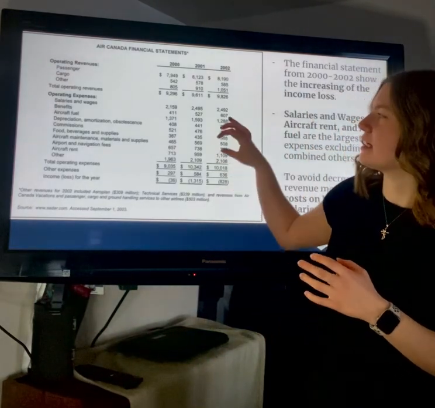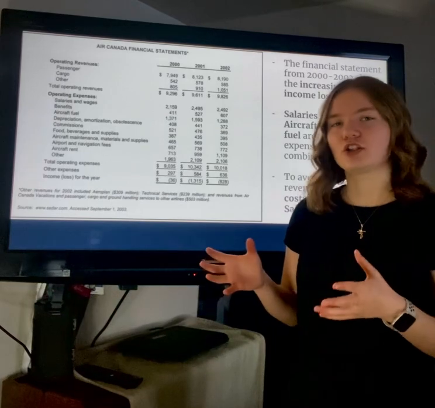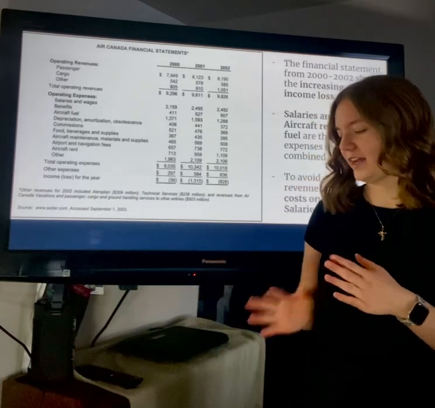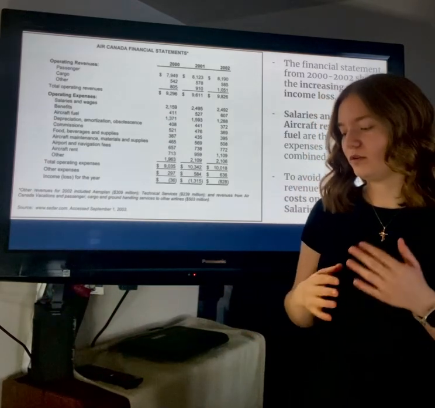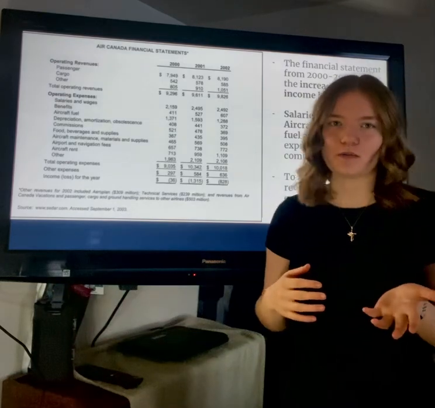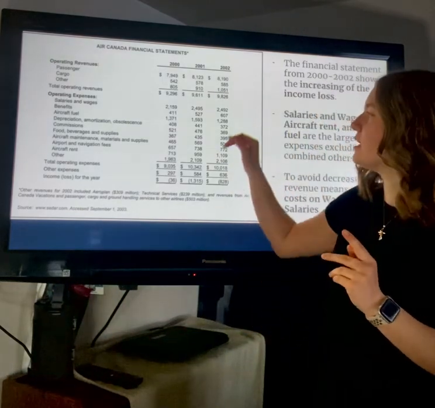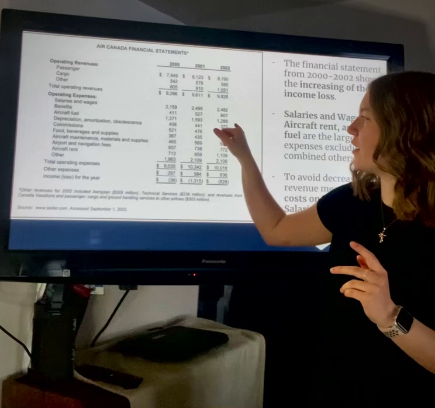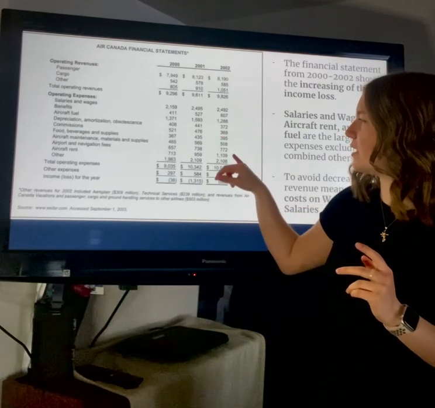If we're looking at the expenses specifically and which expenses are affecting the revenue the most, what's the most expensive for Air Canada? It's salary and wages, aircraft fuel, and then aircraft rent.